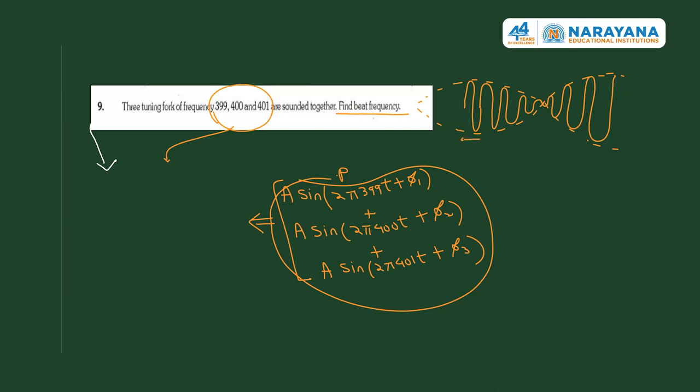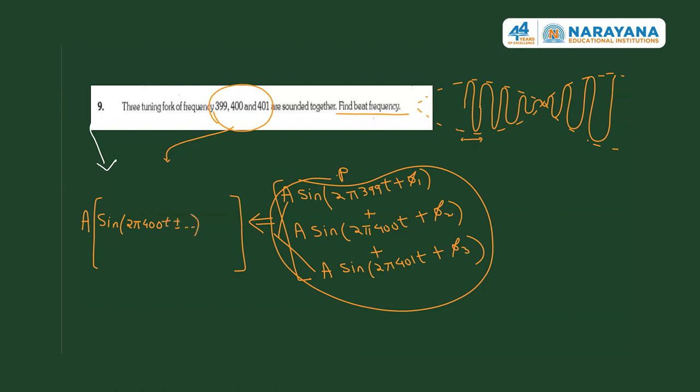So we want to convert this equation. Just try to club it. Effectively, I'm going to club this term and this term together. So we are going to get a term of the pattern sine 2 pi into 400t plus or minus some constant.